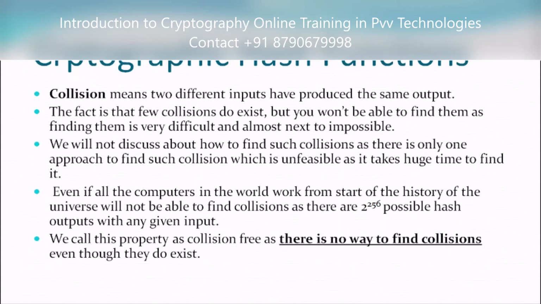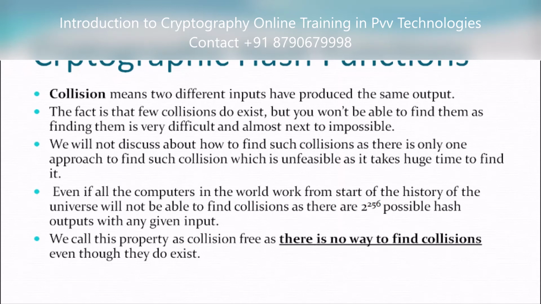The fact is that a few collisions do exist, but you won't be able to find them, as finding them is very difficult and almost next to impossible. We will not discuss how to find such collisions, as there is only one approach, which is also unfeasible. It takes a huge amount of time to find it.